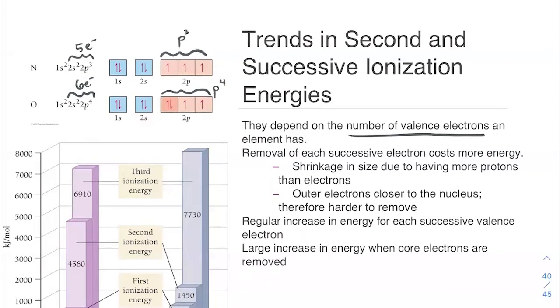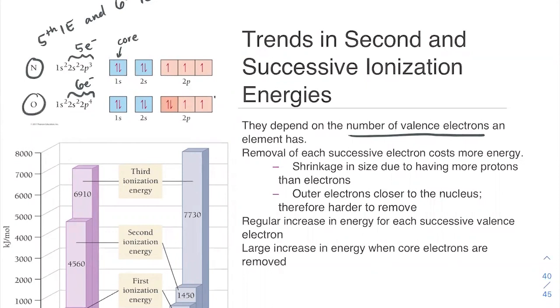So what we notice for this is we're going to have a very specific difference between nitrogen's 5th ionization energy and 6th ionization energy, because we can remove 5, but we definitely don't want to go into the core.